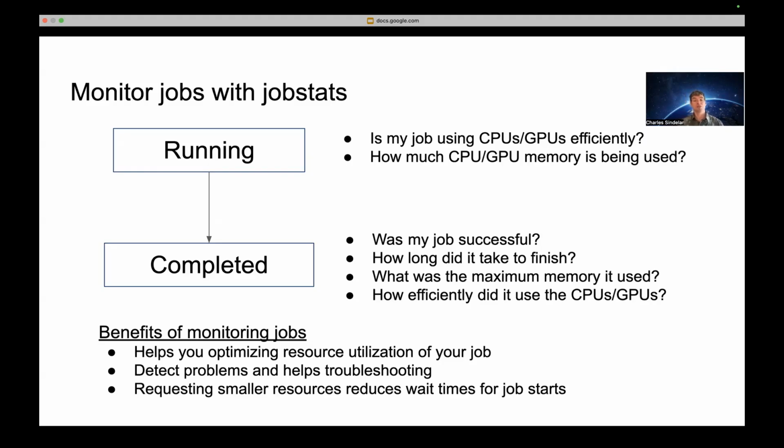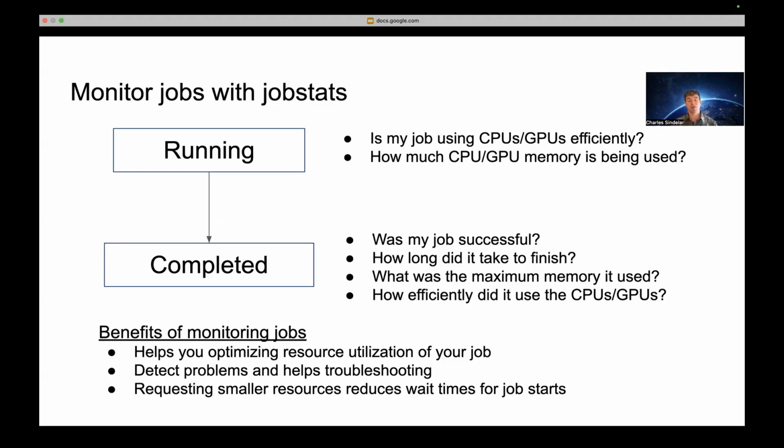And this is wonderful for helping you make your jobs run faster and to optimize your resource utilization, which basically also helps you share the resource, be considerate in the way you share your resources with other users who are also trying to do the same thing. It's very useful for troubleshooting your jobs as well and seeing if something has gone wrong.